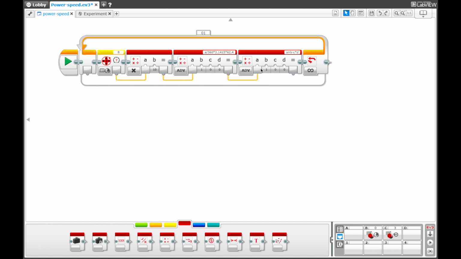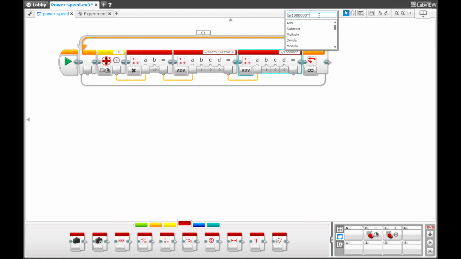To get from millimeters per second to kilometers per hour, we have to divide by 1 million, because there are 1 million millimeters in 1 kilometer, and now we have kilometers per second. But nobody drives cars at kilometers per second.